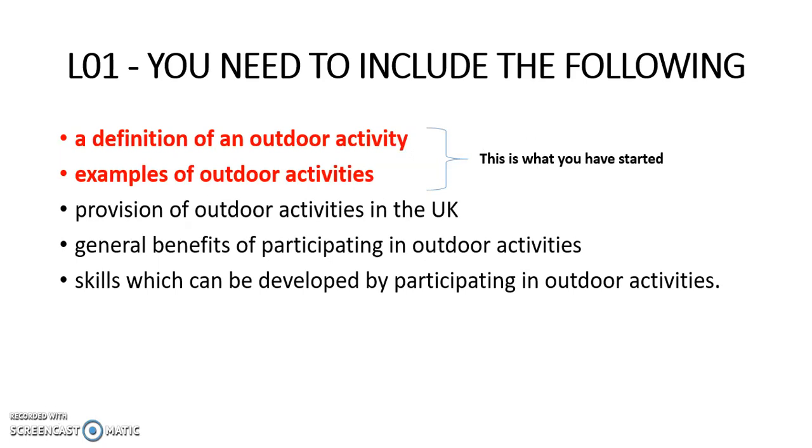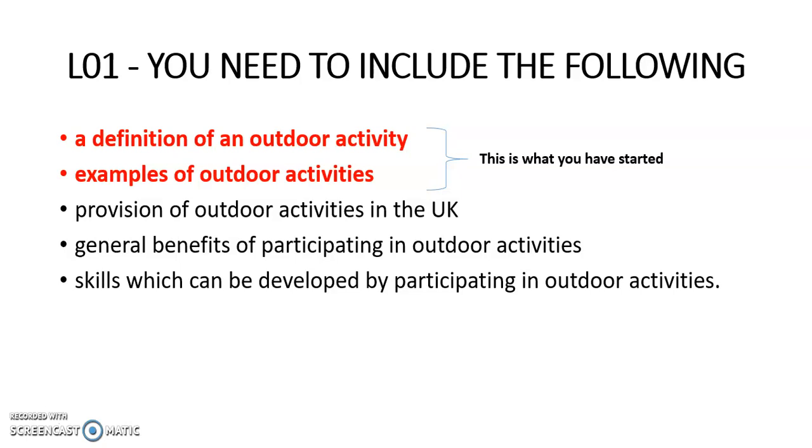For LO1 then, you need to complete the following, and it can be done on a Word document, a PowerPoint, or you can handwrite it, whatever is easiest for you at home. A definition of an outdoor activity, examples of outdoor activities, and provision of outdoor activities in the UK.